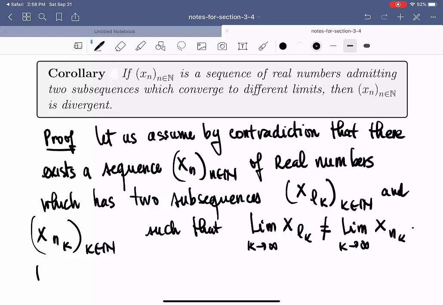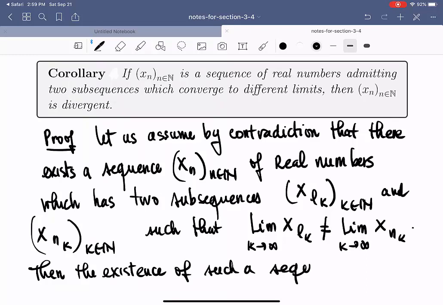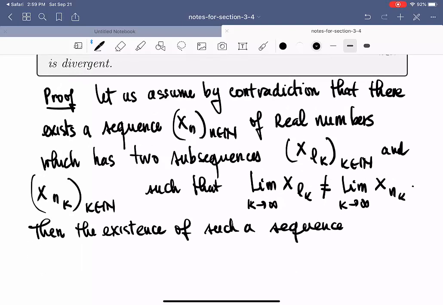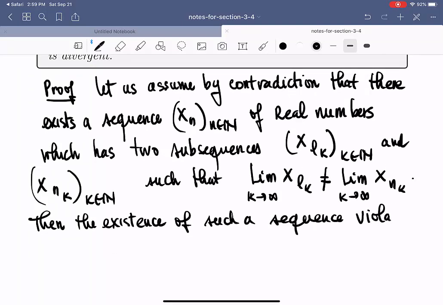All right, then such a sequence, I guess we can say the existence of such a sequence violates the results obtained previously.